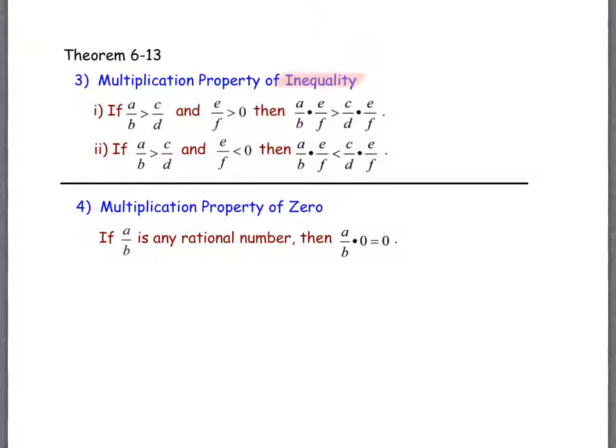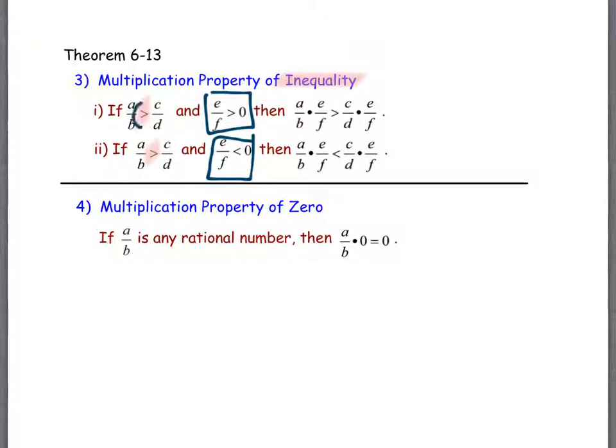It stays equal. If you have a symbol in between that's not an equal sign, that is, a greater than sign or a less than sign, we actually have things happen a little bit differently. In particular, what this is saying is that if we multiply by a positive number on both sides, the inequality stays the same direction. And if we multiply by a negative on both sides, the inequality changes direction.